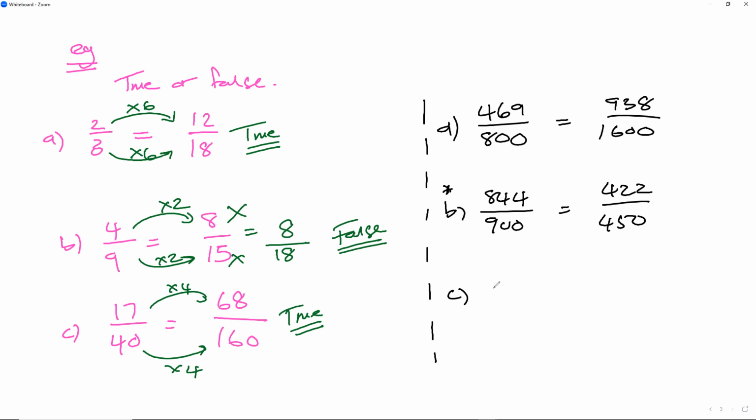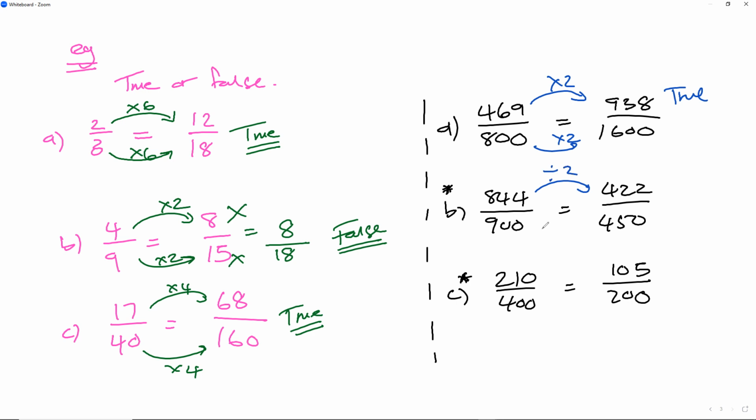Have a look at B, slightly different. And C. All right, I'll give you a sec to think about it. These are slightly bigger numbers over here, but the first one we can see is multiplying by 2, so definitely true.